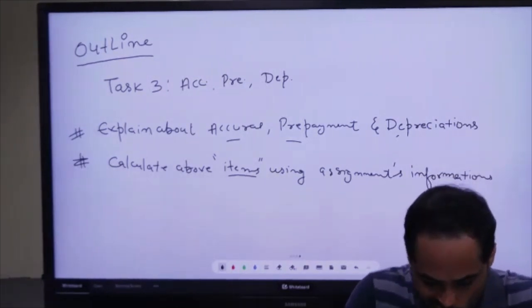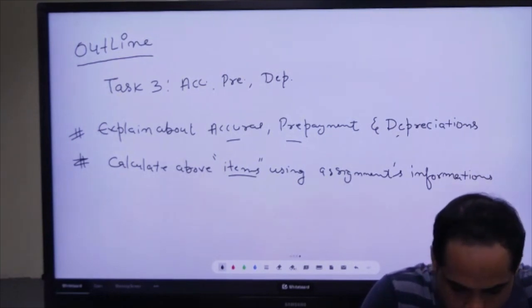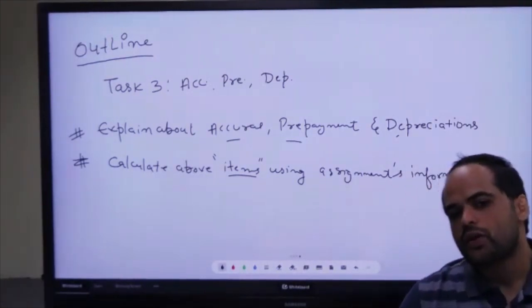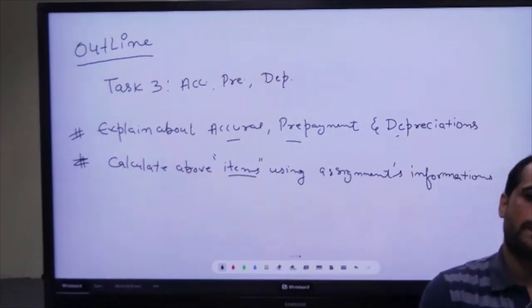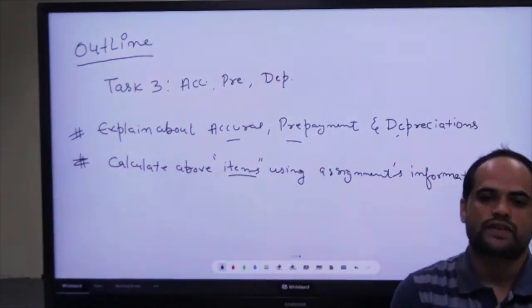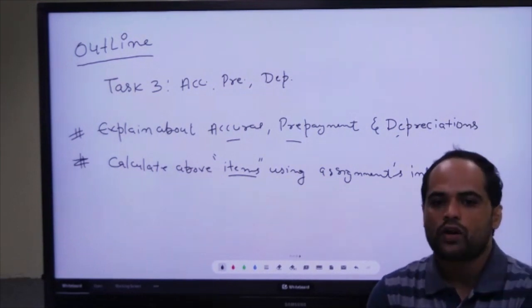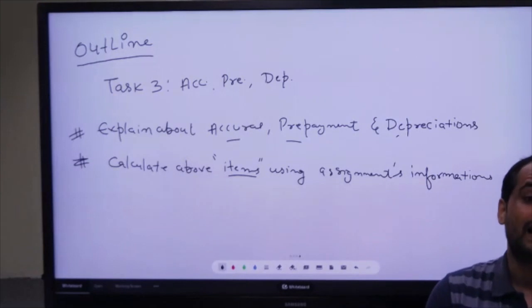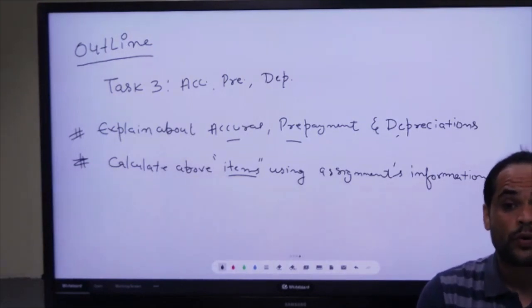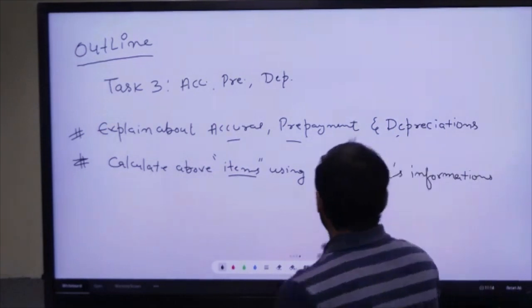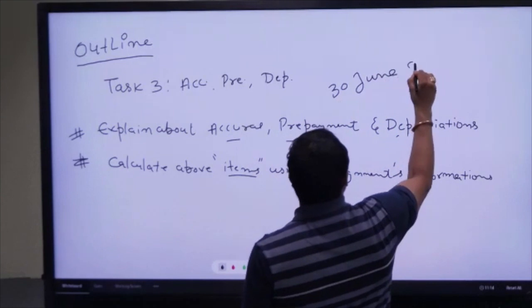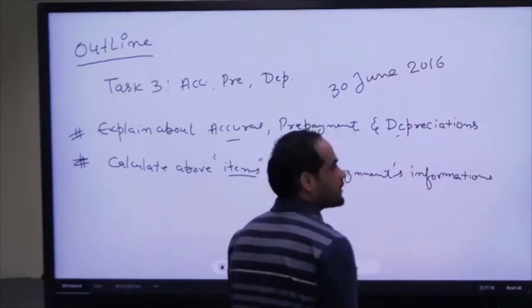The reason is, if you look at your assignments, the invoices received and paid: electricity is supposed to be paid until 30th June 2016.